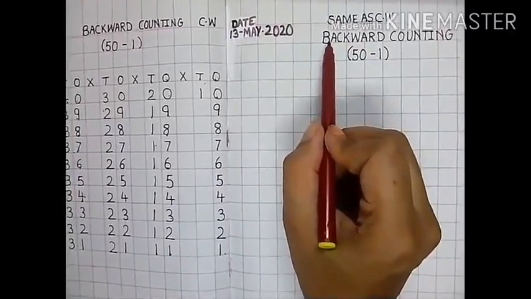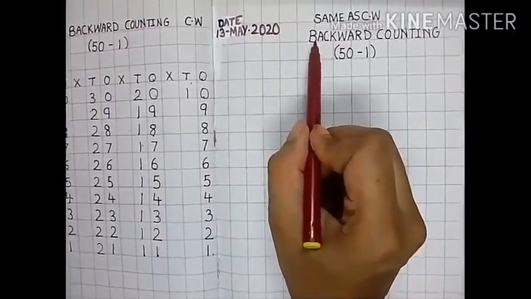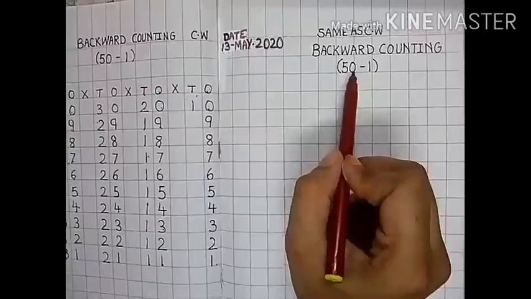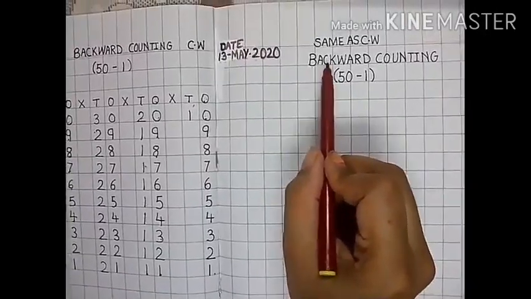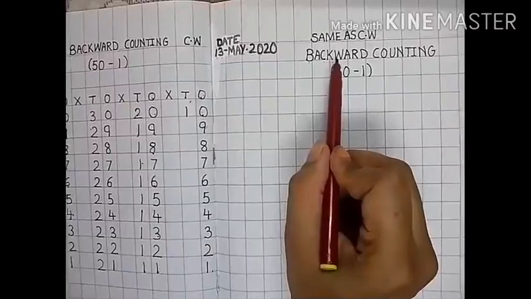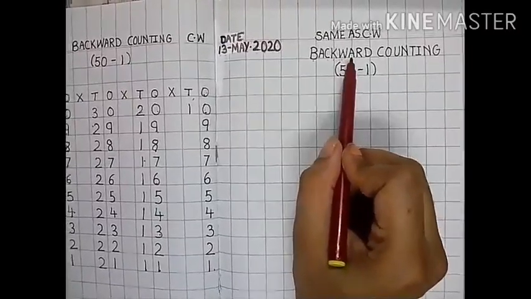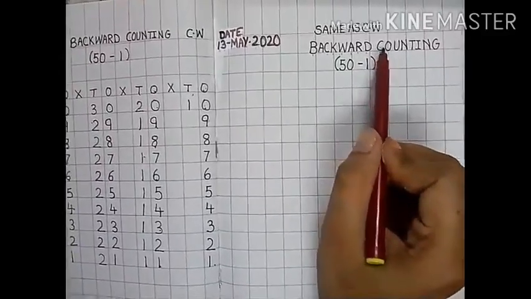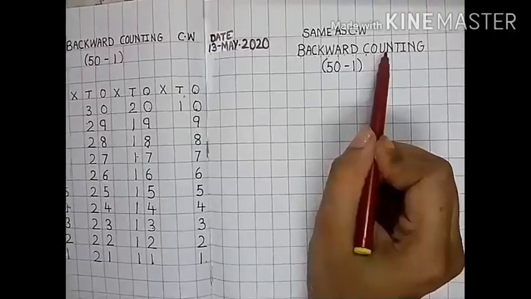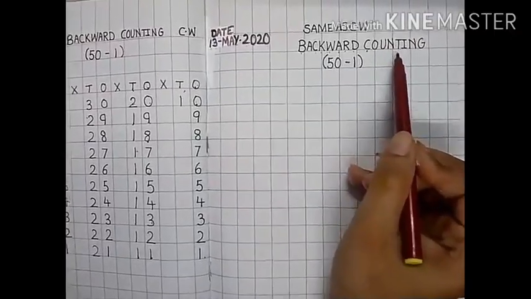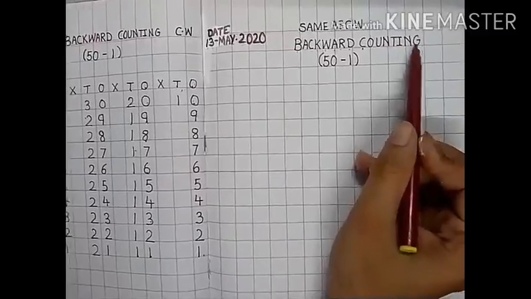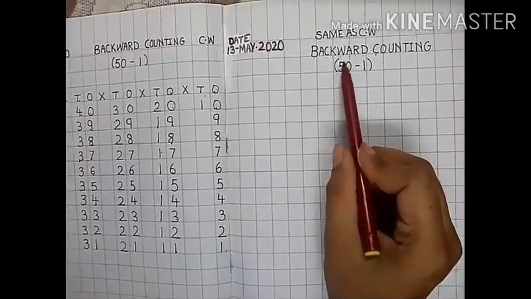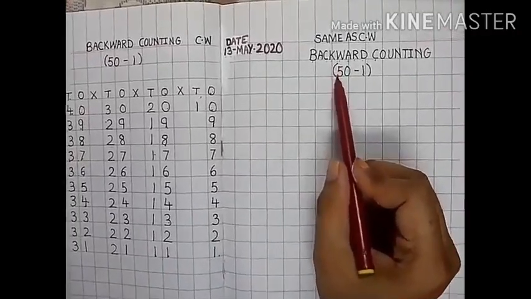On the next line, you have to write in capital letters: backward counting. What is the spelling of backward counting? B-A-C-K-W-A-R-D, backward counting. C-O-U-N-T-I-N-G, backward counting 50 to 1. In the middle you have to write 50 to 1.